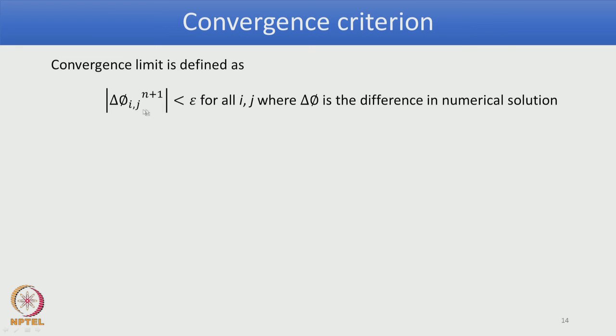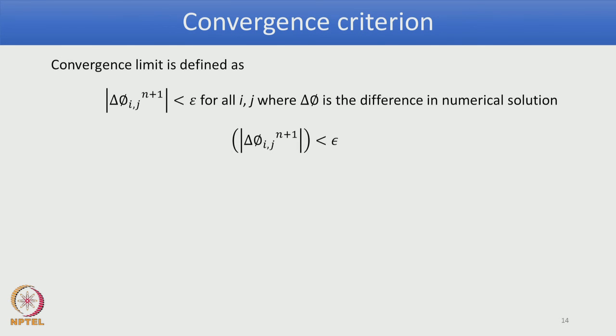If the modulus of it is less than a specified value, so one can specify an error limit, say 10 power minus 5 or 10 power minus 7, some particular value for epsilon can be set whenever you are doing such a calculation. Once that difference delta phi at the current level n plus 1 at all i comma j locations is less than the convergence limit epsilon, then you can say that we can terminate the calculation at that step and proceed to the next stage.